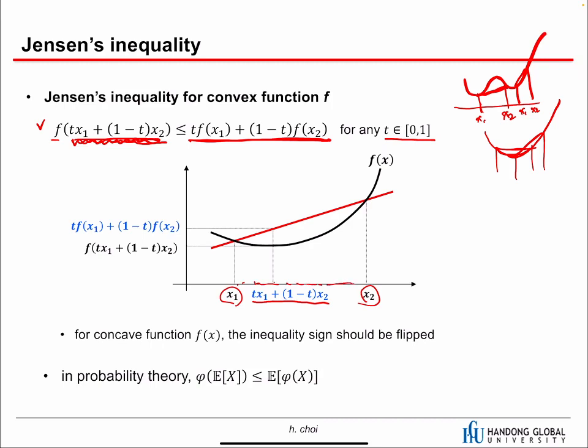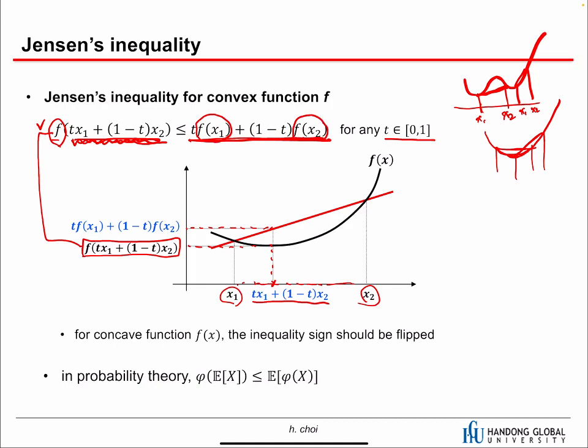Let's say the current one is here, and then we evaluate the function at this point. Then this one is the function of this point. This one is the same as this one. And the second term says the weighted sum of the function of x1 and the function of x2.